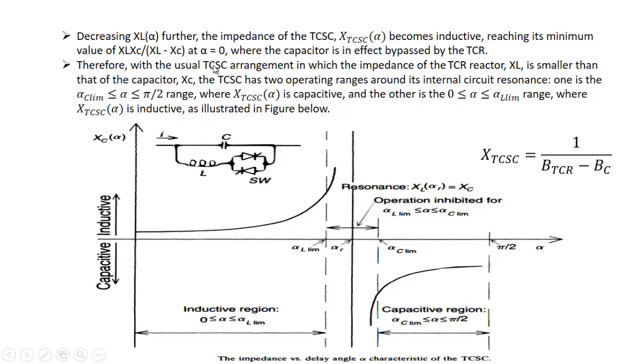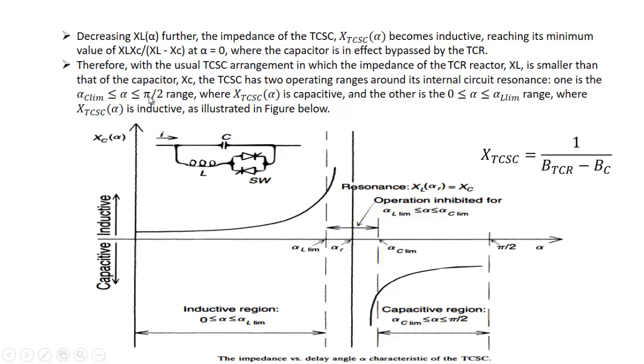Therefore, with the usual TCSC arrangement, in which the impedance of the TCR reactor XL is smaller than that of the capacitor XC, the TCSC has two operating ranges around its internal circuit resonance. One is alpha C limit less than or equal to alpha less than or equal to pi by 2.